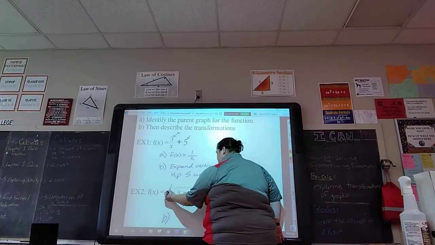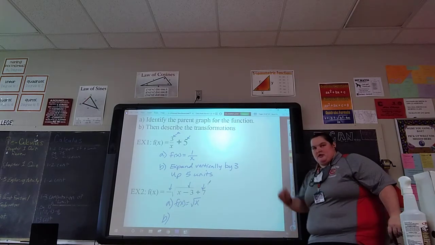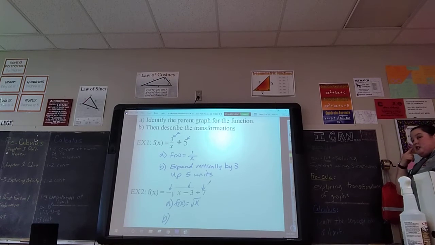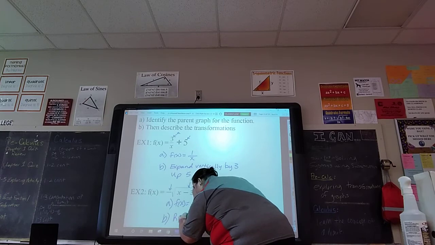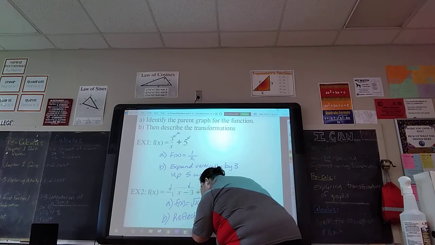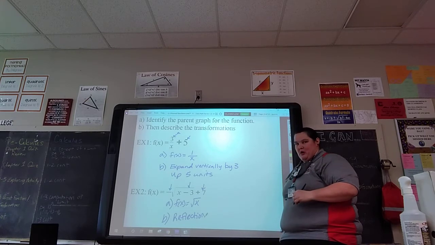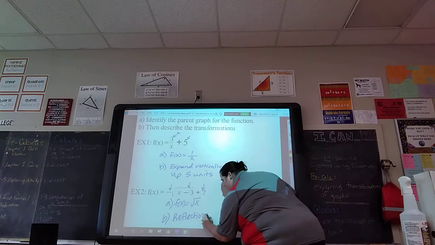There's this negative, there's this 3, and there's that 7. So there are 3 transformations I'm going to say about this function. What's that negative tell us? Reflection. Technically it's reflection about the x-axis, but I'm okay with stopping at reflection. Everyone okay with that?